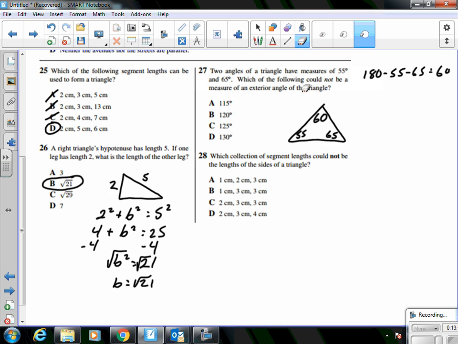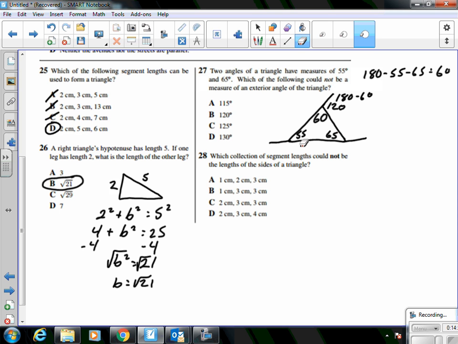And now we want to look at the exterior angles. So if we extend one of the sides at each vertex, we've got a linear pair. So for the top, we've got 180 minus 60, because those two angles together have to add up to 180, and so we've got 120 for that exterior angle.